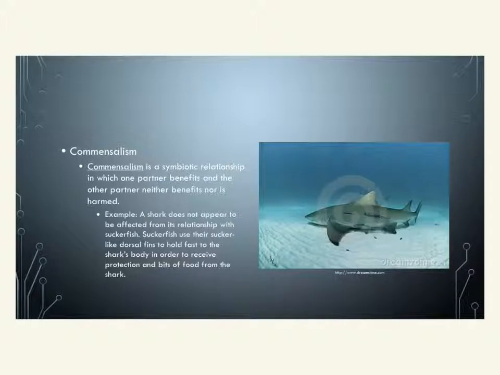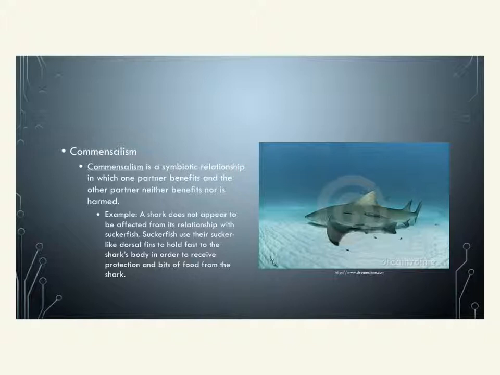Okay, our next example of symbiotic relationships would be commensalism. This is the idea where one partner is going to benefit, and the other one's not really affected, neither beneficial nor harmful to them. We've got an example here of a shark. Often when you see a shark like this, you will see little fish beside it called suckerfish.